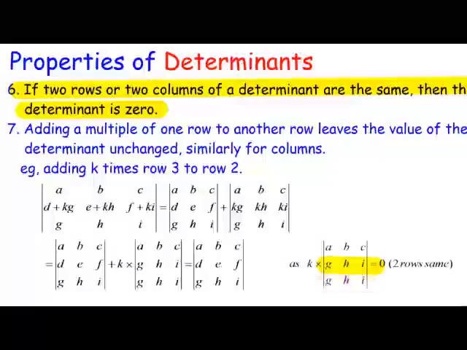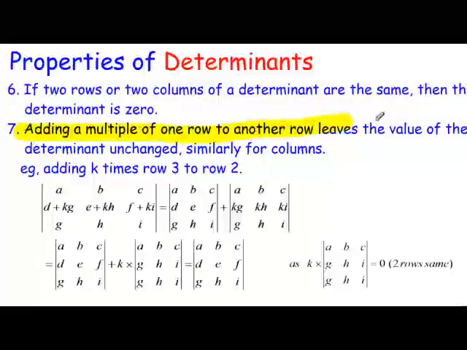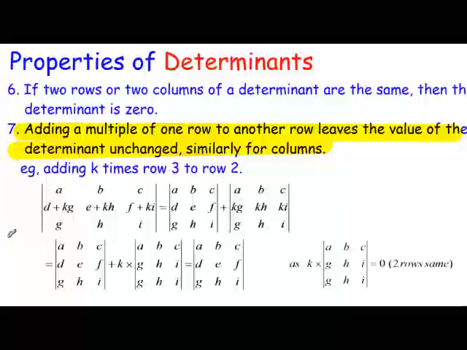Now the last one is very important as well, and it's quite a useful technique. If you add a multiple of one row to another row, or for that matter for columns, it leaves the value of the determinant unchanged.